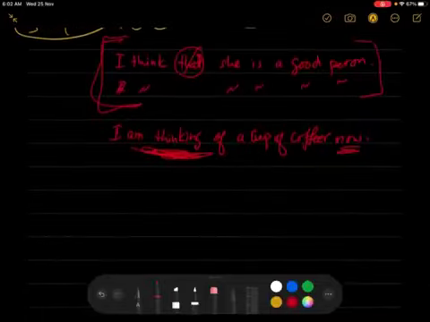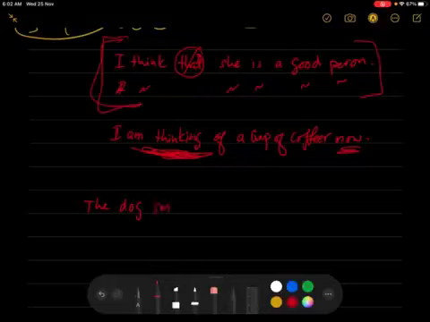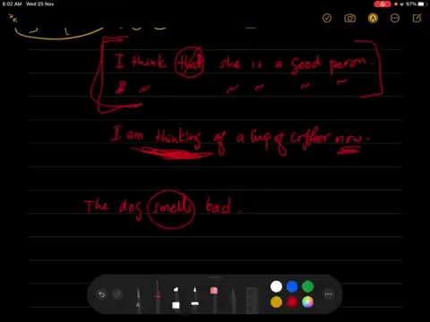Okay? For example, another example. The dog smells bad. Smells here is a state verb. It's like the verb to be.